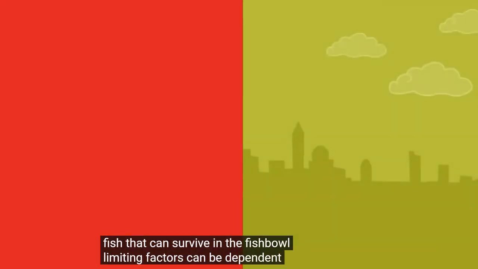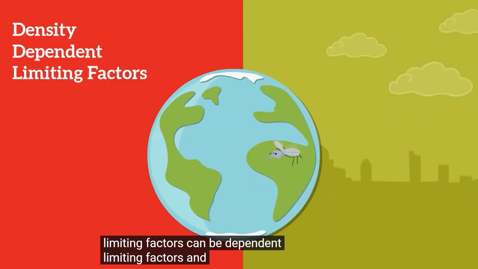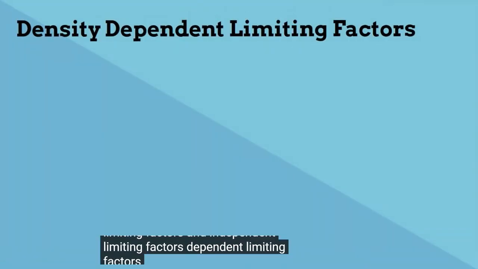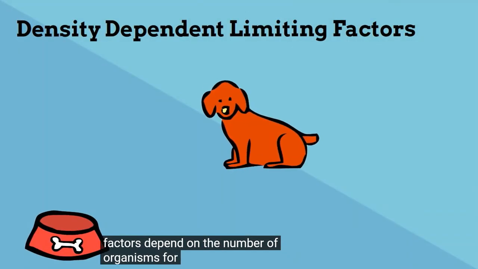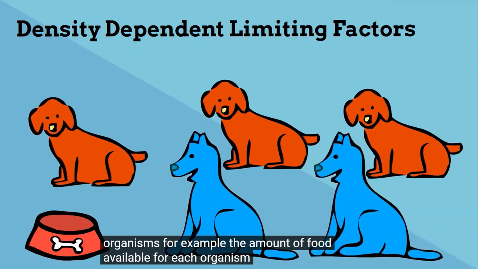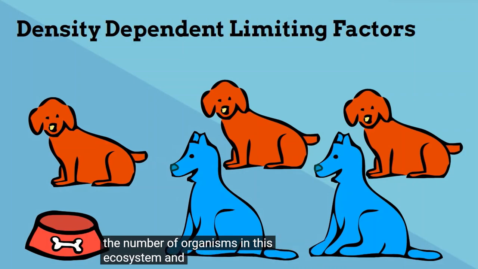Limiting factors can be dependent limiting factors and independent limiting factors. Dependent limiting factors depend on the number of organisms. For example, the amount of food available for each organism depends on the number of organisms in this ecosystem.